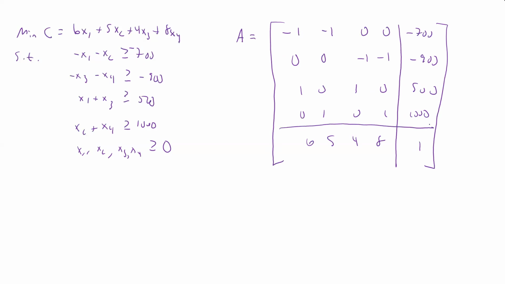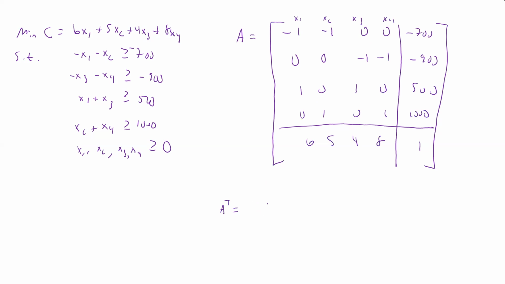So if we break it apart like that, we have A, and again, x1, x2, x3, x4. Now we need to find A transpose. So A transpose is equal to what? Well, now this row becomes the first column.